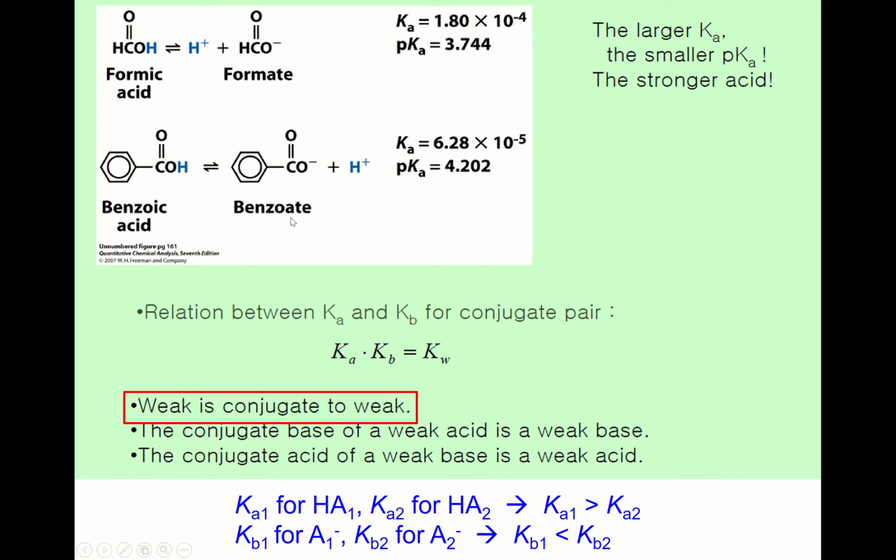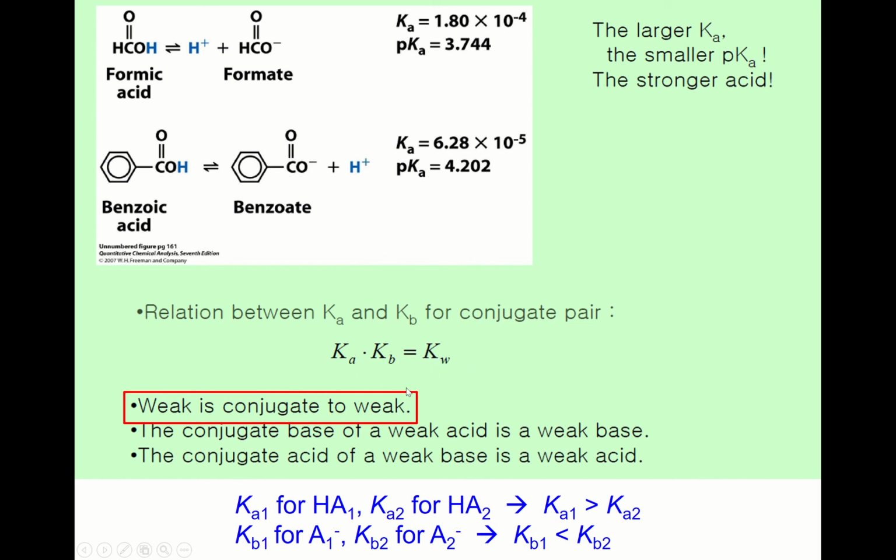Likewise, you can write the Kb equation for benzoate. So for the relation between Ka and Kb for a conjugate pair, after calculation, you'll know that Ka multiplied by Kb equals Kw.